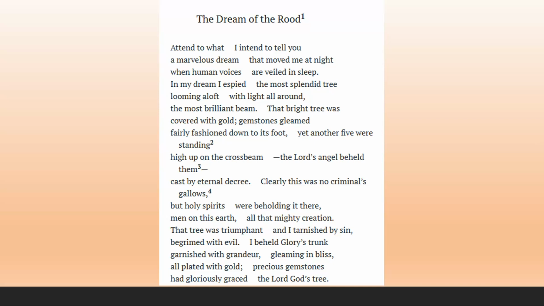Even though there is a lot of material that I might point out when I teach this, say things like the gemstones gleamed, and point out that the way the Rood is described, it looks like the ornate cover of a medieval copy of the Gospels, something along the lines of the Book of Kells, for example.